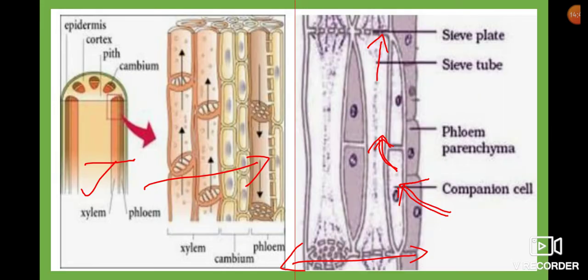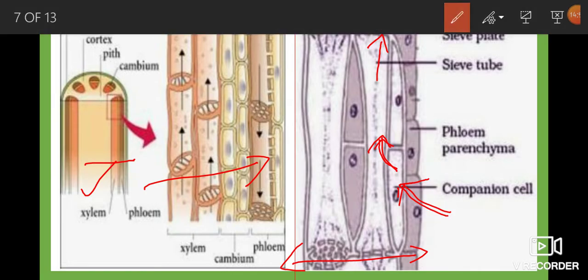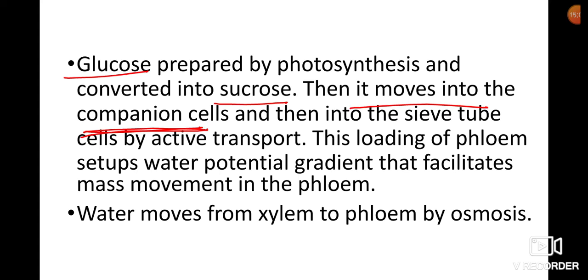So here food materials enter into companion cells, then move into the sieve tube. It requires energy, and energy means active transport.